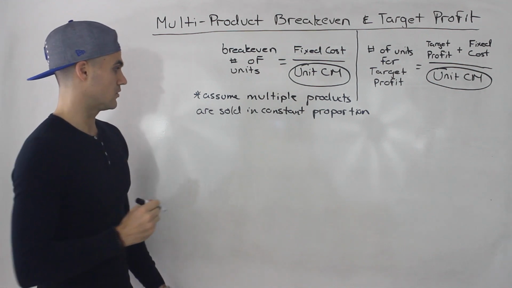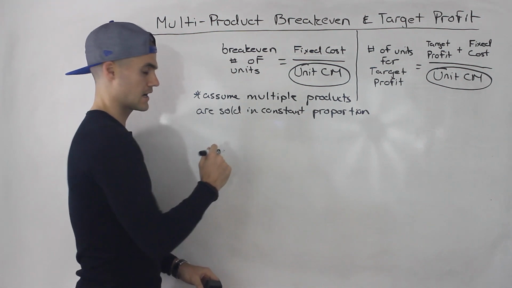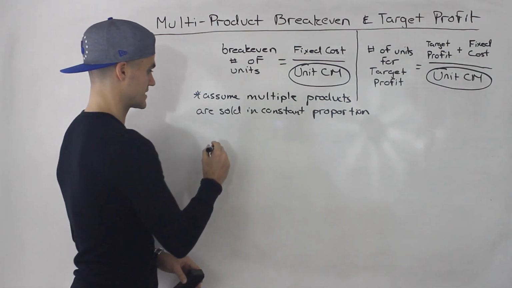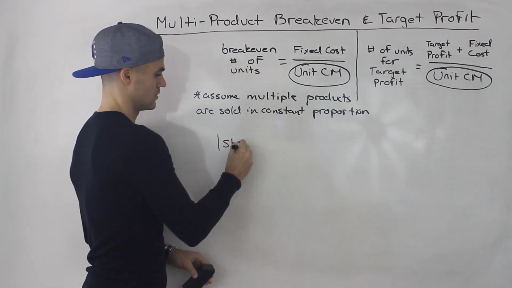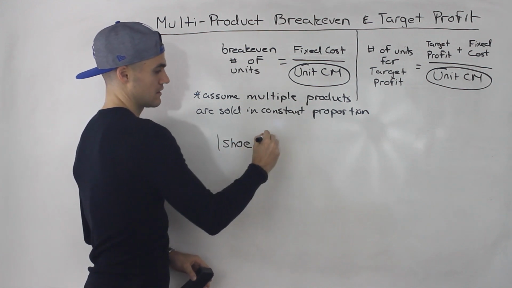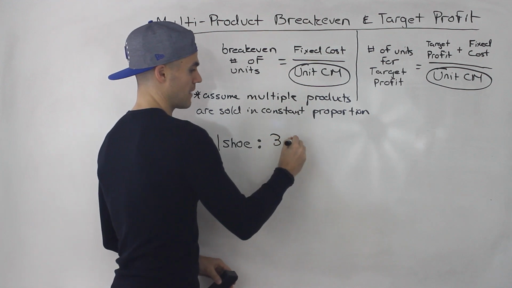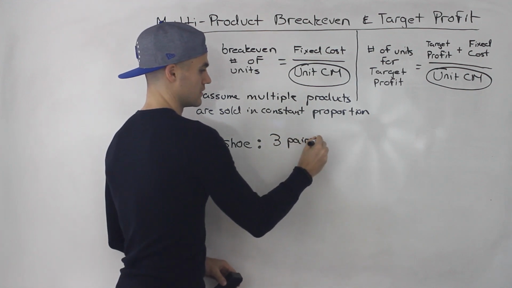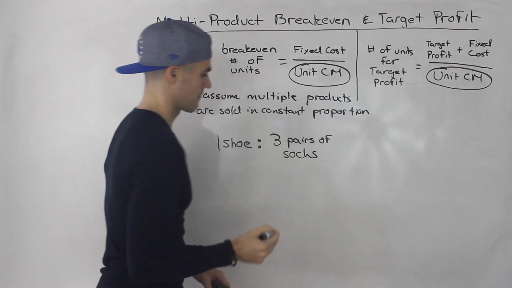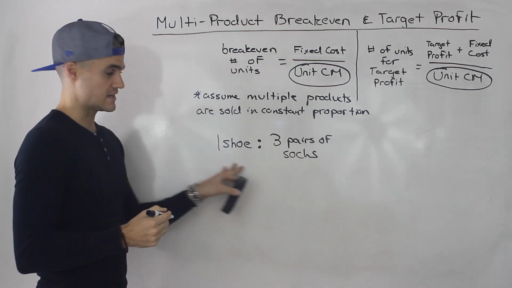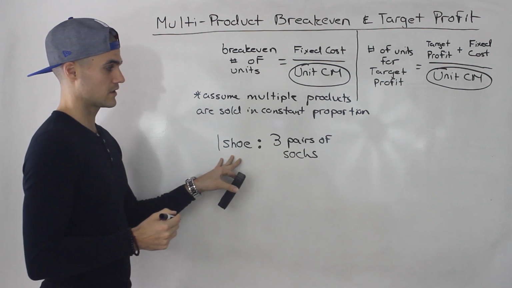So, for example, a firm, let's say a shoe store, they sell shoes and socks, and they find that for every one shoe that they sell, 3 pairs of socks. And so this is what we would be using here.